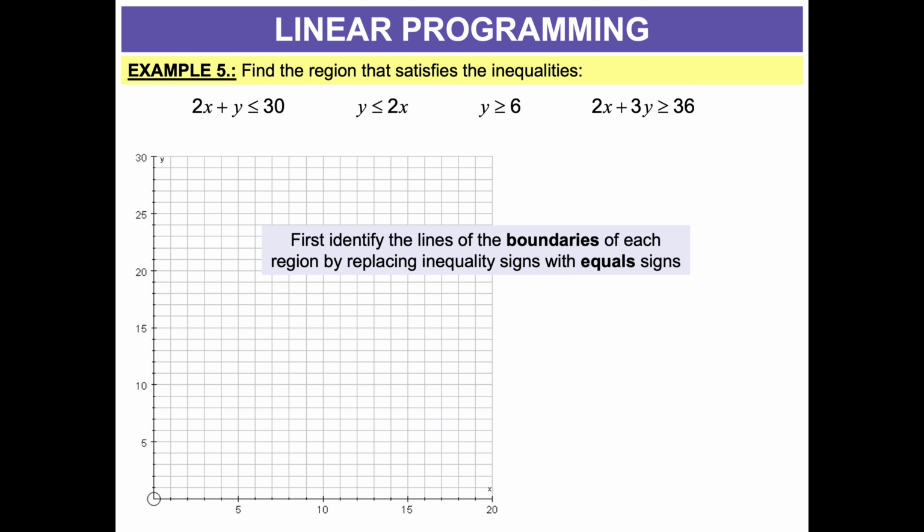If the original inequality has the equal sign included, then the line is solid or full. If there is just greater or less than without the equal sign, then the line will be dashed. That means the points on the line are not part of the feasible region.